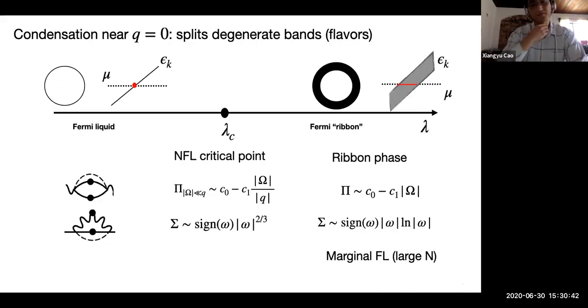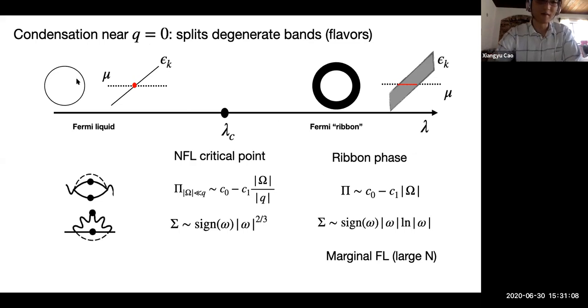So the first thing you can have is condensation near wave vector 0 for the bosons. And in this case, you can have this kind of phase diagram at 0 temperature. As a function of the coupling constant, if the coupling constant is larger than some critical value, then the boson can condense at zero momentum.